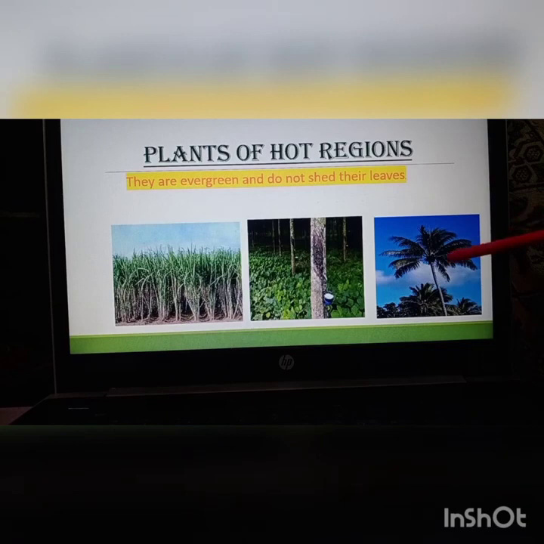And the coconut grows in a coastal area, sea coast like Goa, Chennai, Tamil Nadu, wherever the ocean banks are there. In that area the coconut tree grows, and it is an example of a hot region plant.